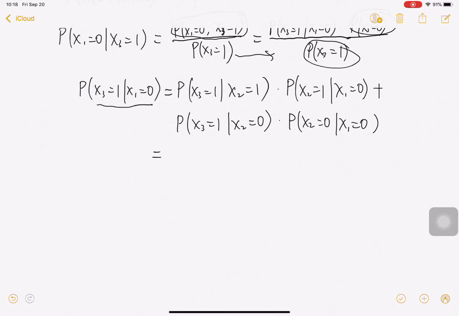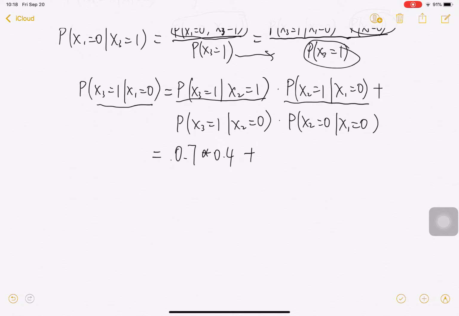So, and these are easy, right? Because this is x(k+1) equals 1 given xk equals 1, it's 0.7. This is the probability of x(k+1) equals 1 given xk equals 0, so it's 0.4 plus, yeah, it's all the same, so I'll just skip to the value part.